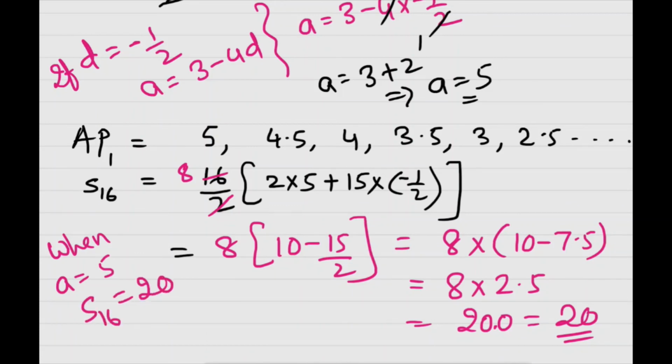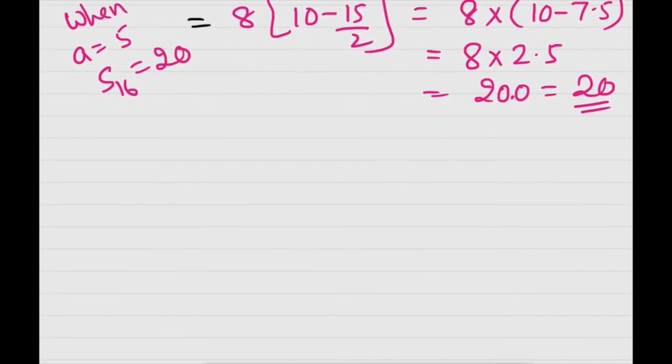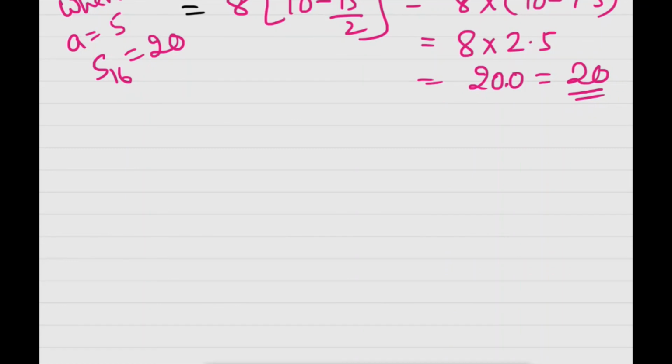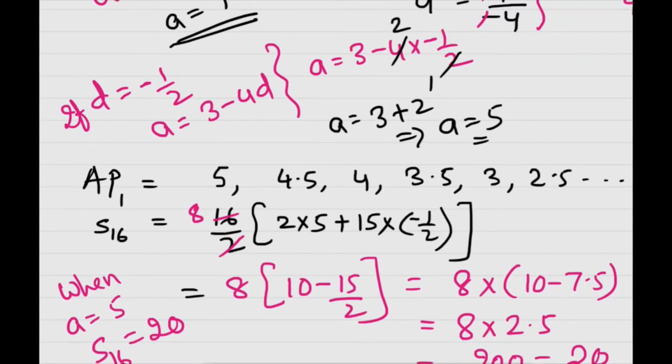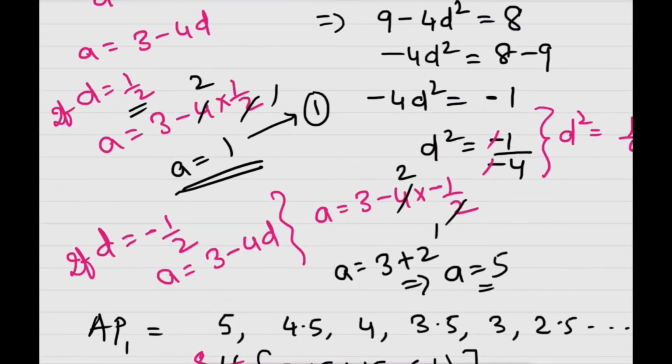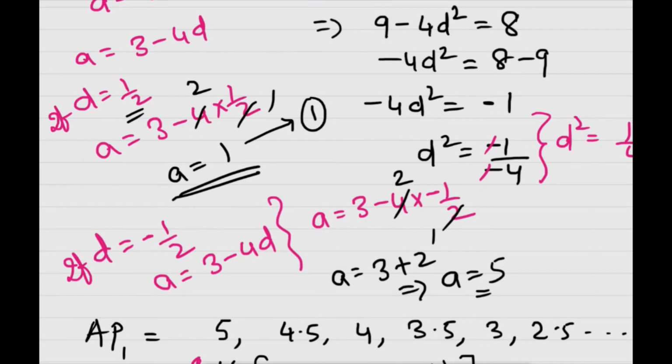Let us see when A is equal to 1. When A is equal to 1, let us see what we are going to get. When A is equal to 1, then your D will be equal to 1 by 2. This you shouldn't forget. See, when your D was 1 by 2, your A was equal to 1.